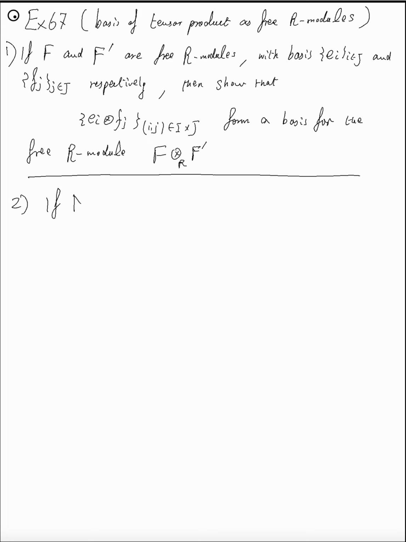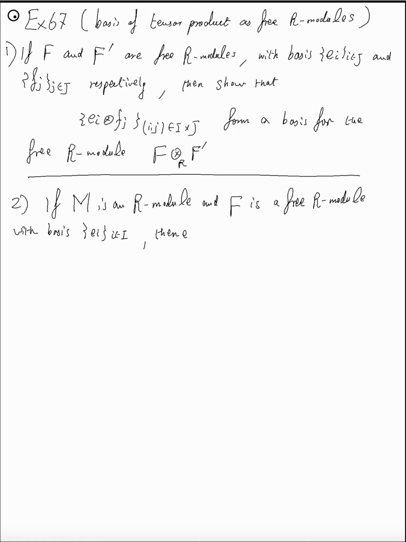If M is an R module, no more condition on it, and F is a free R module with basis e_i, then every element of M tensor F as an R module has a unique representation in the following form.